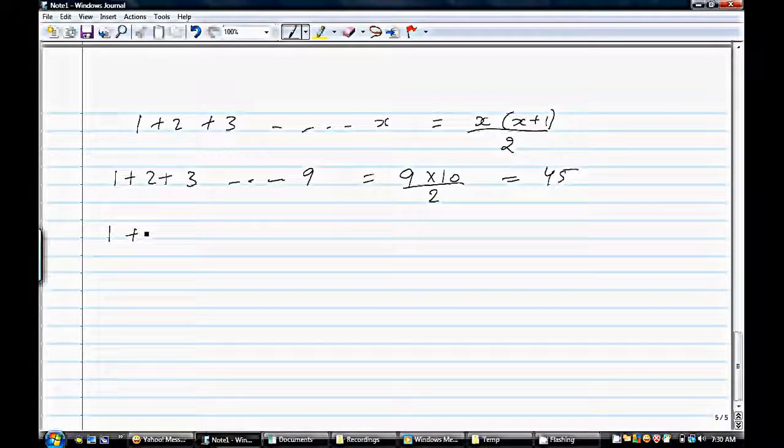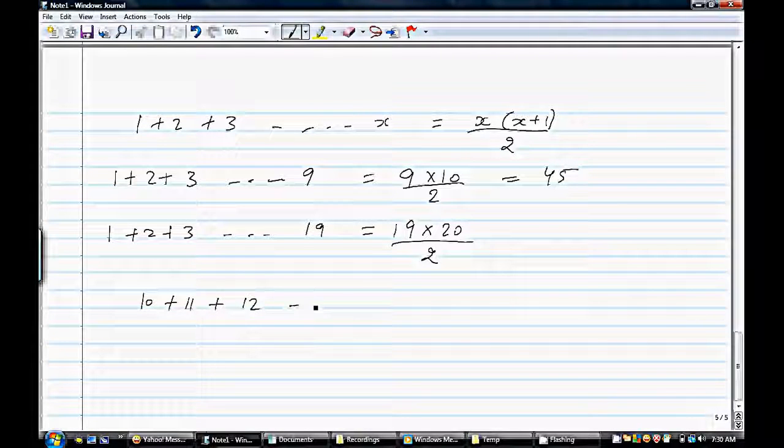Similarly, 1 plus 2 plus 3 up to 19, all I have to do is 19 into 20 divided by 2. Now suppose the number doesn't start from 1 but from something else. For example, 10 plus 11 plus 12 and it goes to 19.